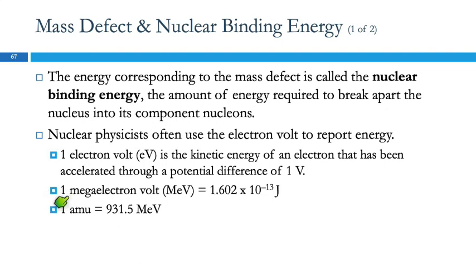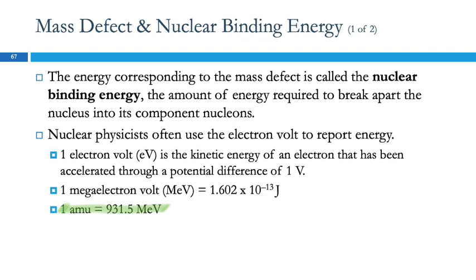So we could talk about a mega electron volt. A mega electron volt is equal to 1.602 times 10 to the minus 13th joules. But the really useful thing here is this relationship. If you do the math, 1 atomic mass unit is equal to 931.5 mega electron volts.